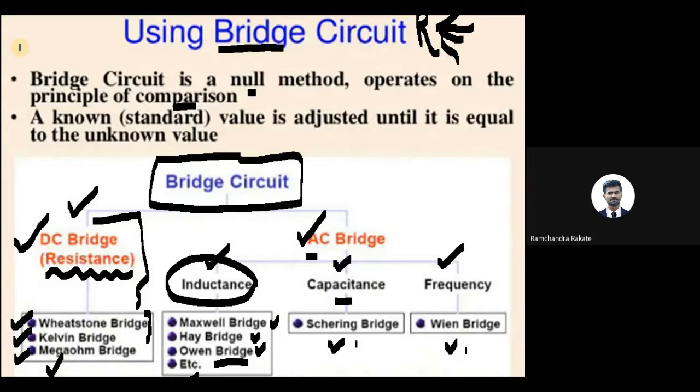One device we all know is the ohm meter. An ohm meter is a kind of instrument for measuring electrical resistance, which is expressed in ohms. Also, in your first year you might have come across the multimeter. A multimeter is also a kind of ohm meter. If you keep the knob on the ohm range, the reading acts as an ohm meter, and the measurement is expressed in ohms.